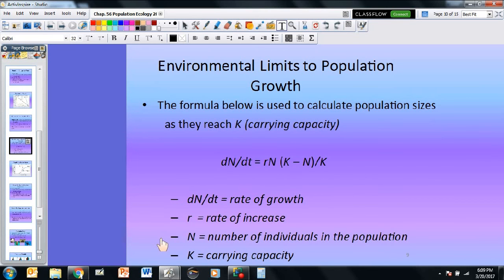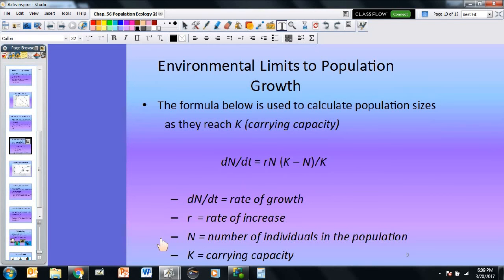dN over dt is rate of growth. What that means is the change in number of individuals over the change in time. The little d means change. So in other words, I had 50 individuals on day 1, and I have 100 individuals 1 month later. R is the overall rate of increase.